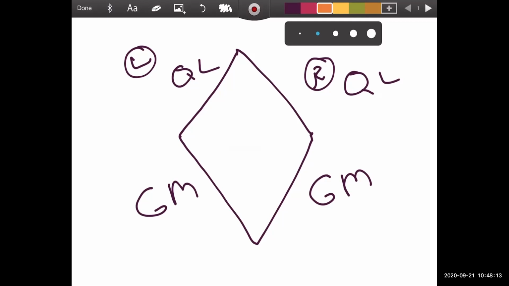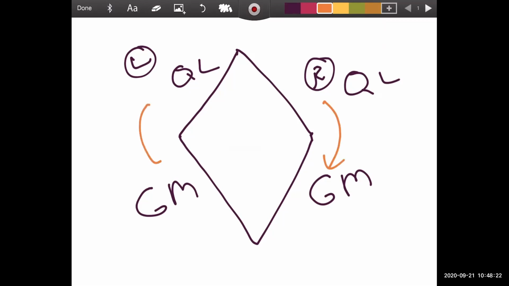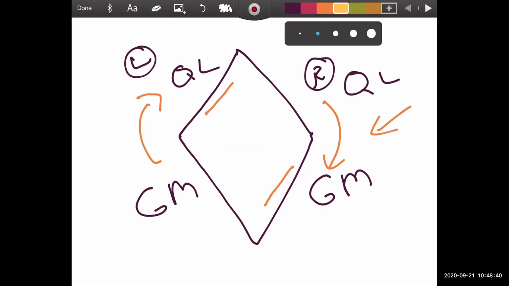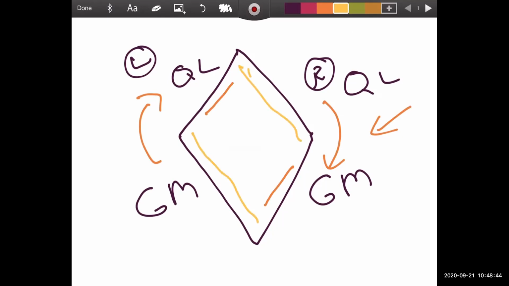So if a patient's got lateral tilt to one side, let's say I've got lateral tilt to the right, so my pelvis is tilted like this. This glute med is going to become short. This QL is going to become short. This one's going to get long. This one's going to get long.